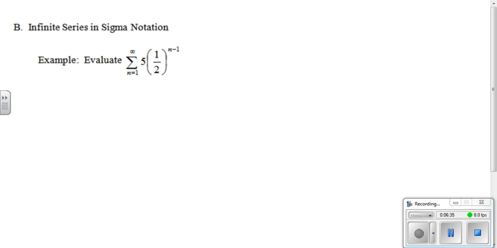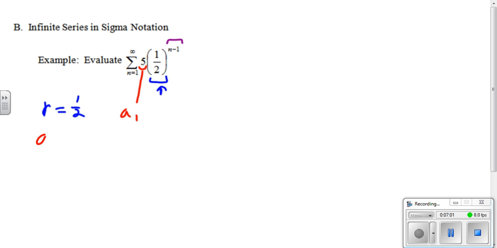So remember, in sigma notation for a geometric series, this value here, the one that is to the power of n minus 1, that's our r value. So r equals 1/2. In this case, it's this piece. The piece that comes in front of it, this 5, this is our a sub 1 value.